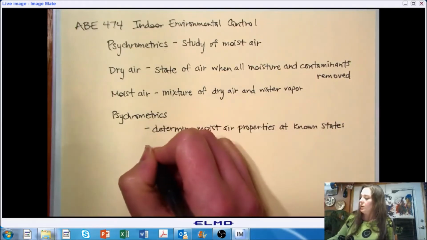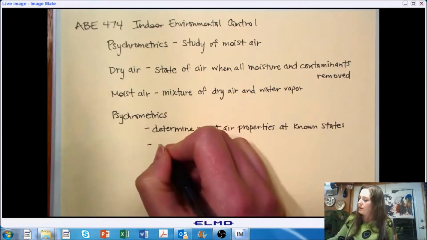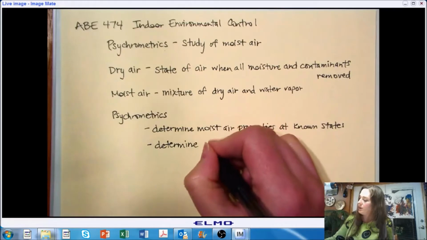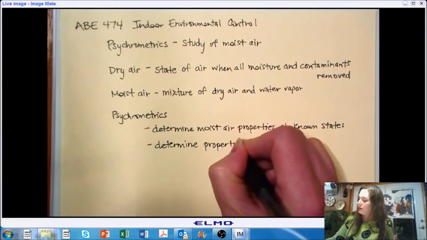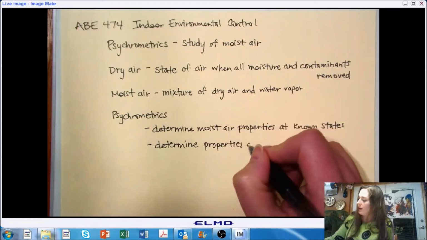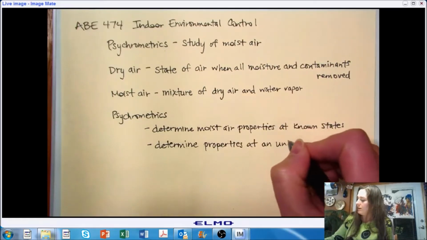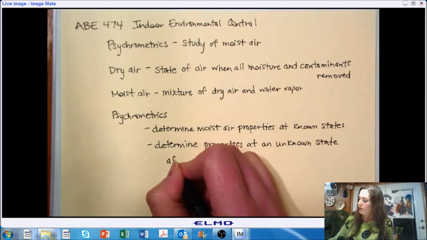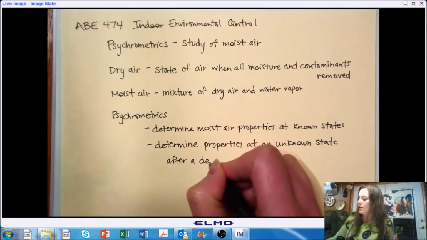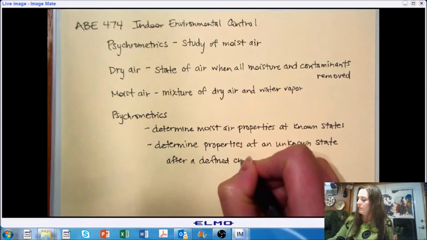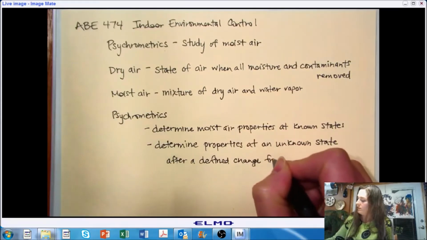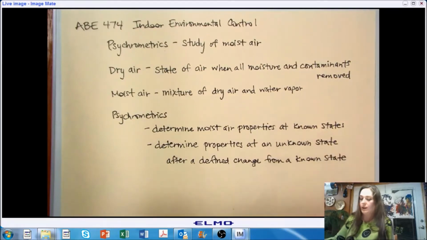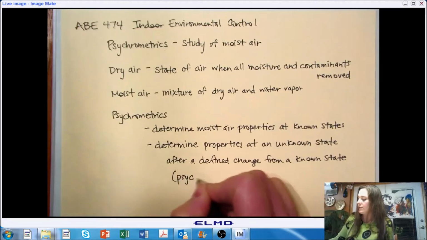And that leads us to what we really want to get to, which is being able to manipulate those properties: determining properties at an unknown state after a defined change from a known state. And that's done via what we call psychrometric processes.